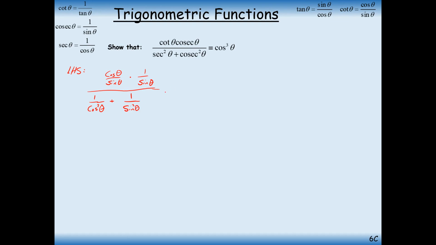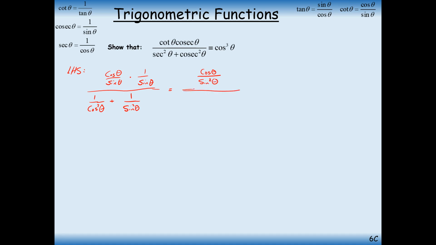So the product on the top of the fraction turns out to be cos on top of sine square. So we're just going to have cos theta over sine theta for the time being.